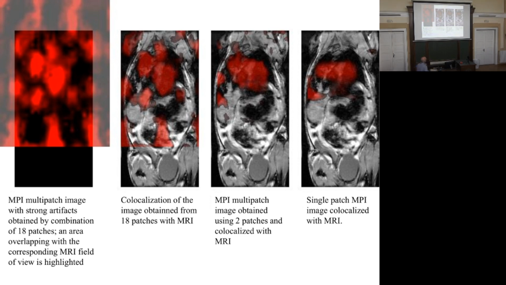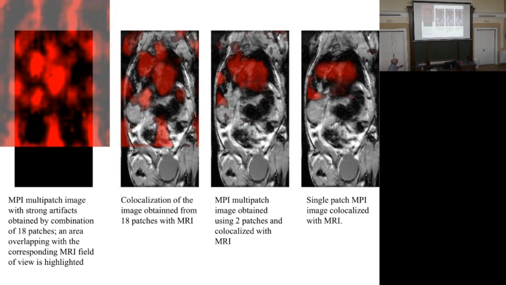This is multi-patch obtained with 2 patches, that's also good. But here is localization of the image and 18 patches from MPI with no suppression of the border artifact. So actually you see here just only the artifacts. Here it is without the MRI.